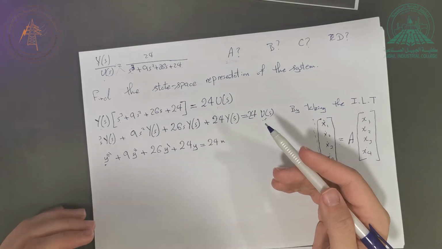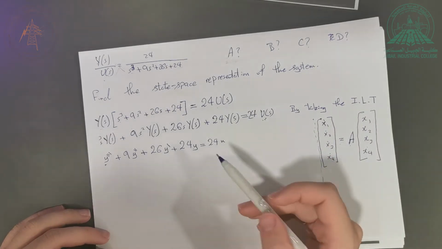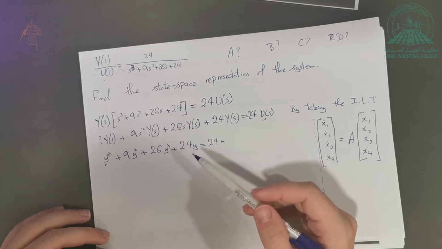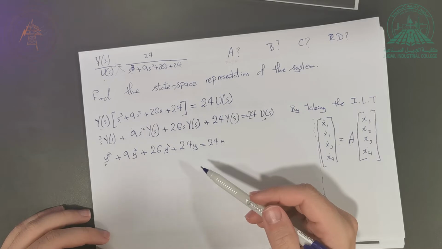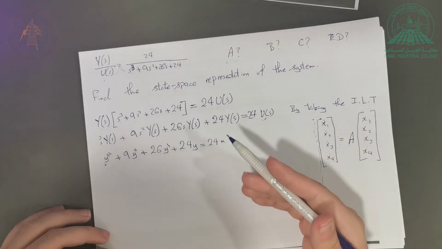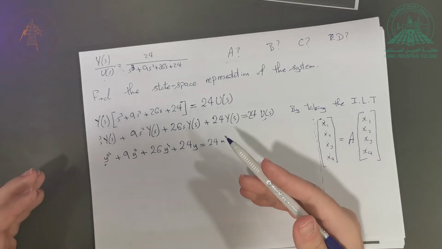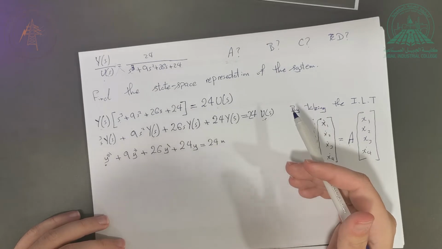This was the definition of the state. So in the example of the electrical circuits, we always choose the voltages of the capacitors and the currents of the inductors as our states, because by knowing the voltages of the capacitors and the currents of the inductors, I can predict the future values of the whole circuit, so the state of the circuit at any point of time in the future, right?